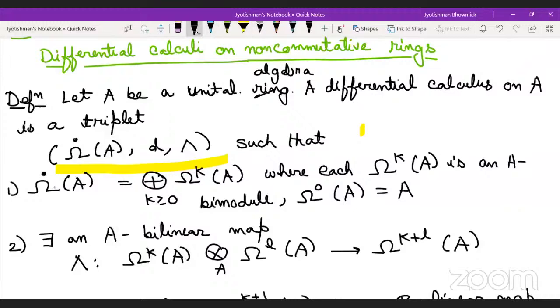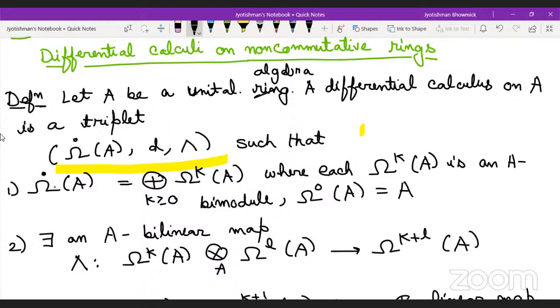So basically, I have a bunch of A-bimodules where omega 0 A is equal to A, and all these omega k's are both left A-modules and right A-modules. In the classical case, a left module is the same as a right module, but here a left module structure does not automatically give a right module structure. So I need to specify both the left and the right structure.